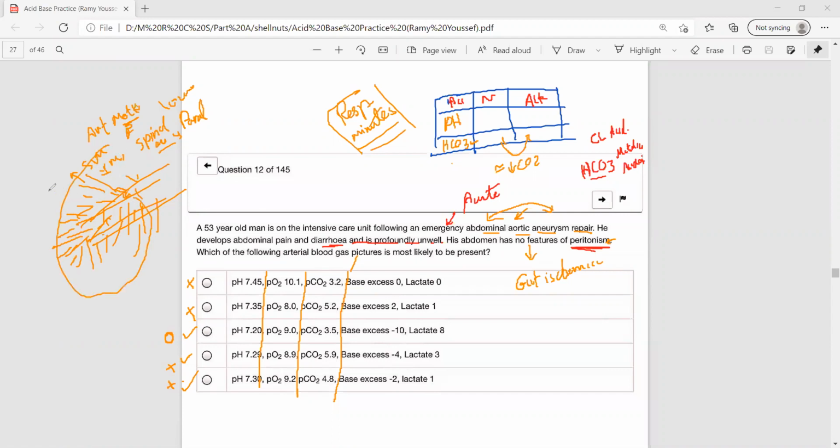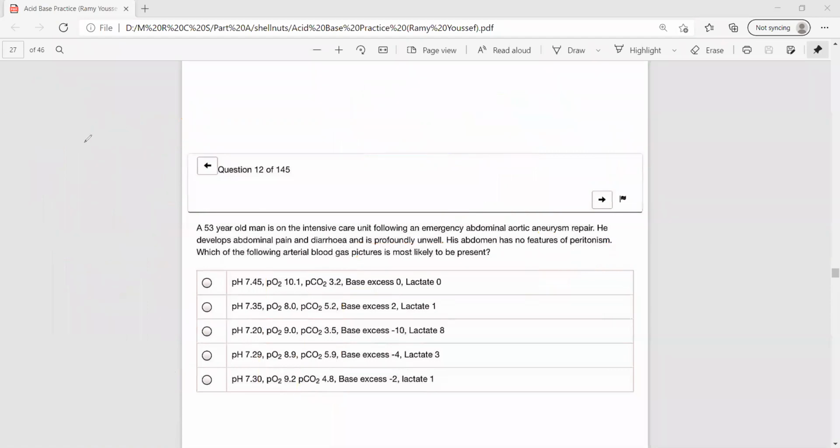Gut ischemia will cause ischemic changes to the gut, will cause diarrhea, and will make the lactate so high. This patient will have very high lactate, very high lactic acid from the ischemia.